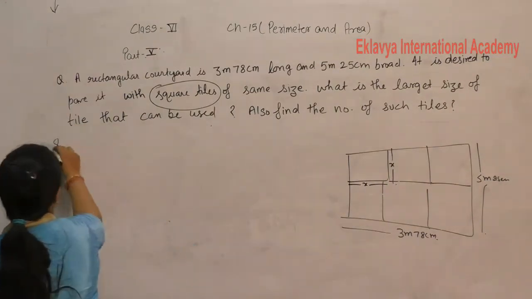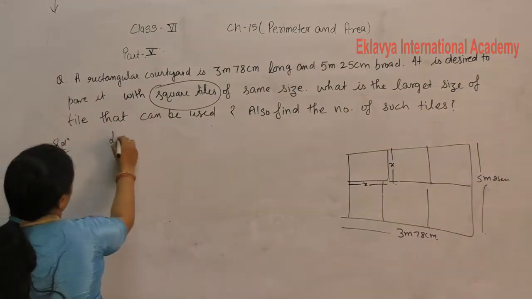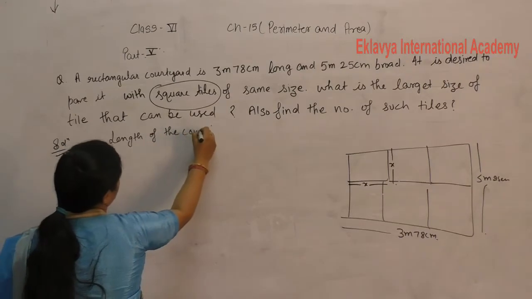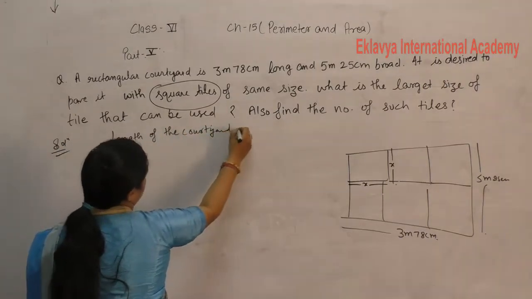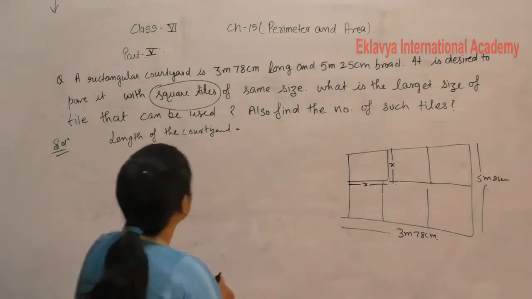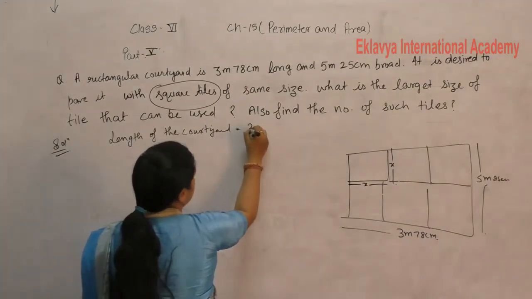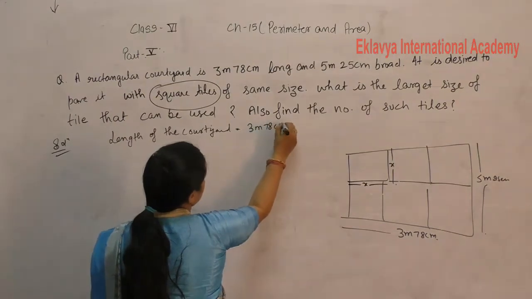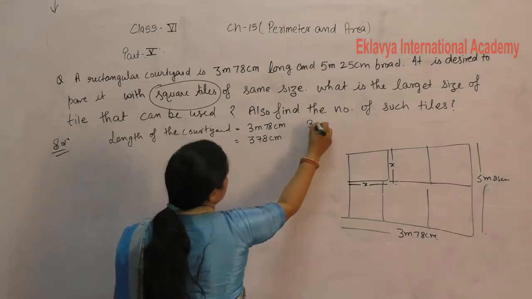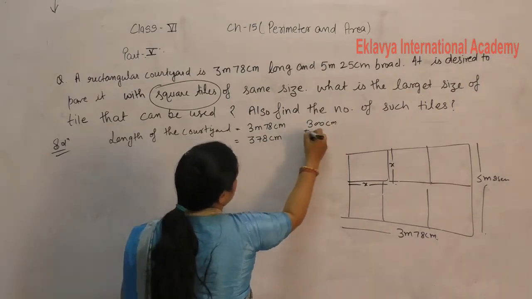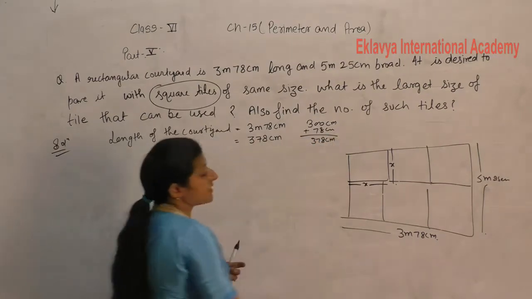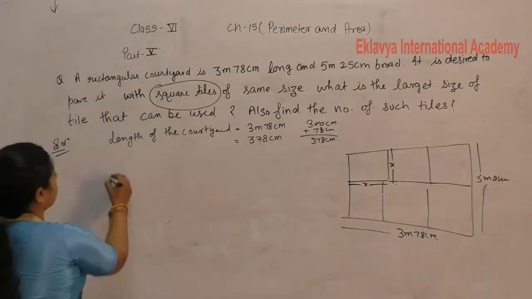We can say the length of the courtyard is 3 meter 78 centimeter. So you can change it into centimeters: 3 meter is 300 centimeter, and when you add 78, it becomes 378 centimeter.